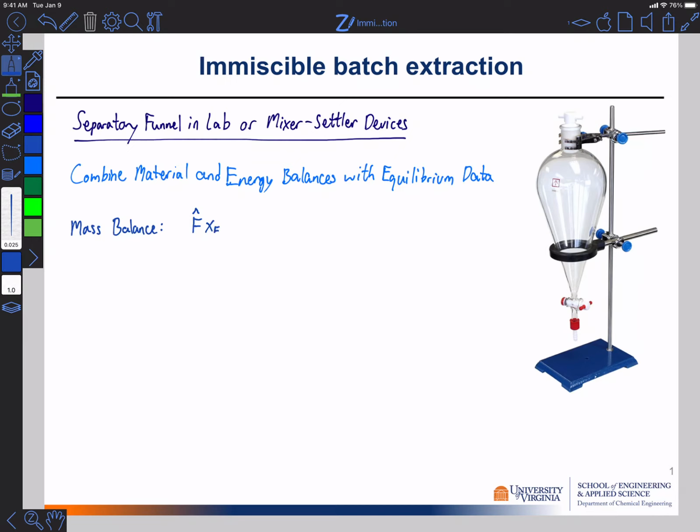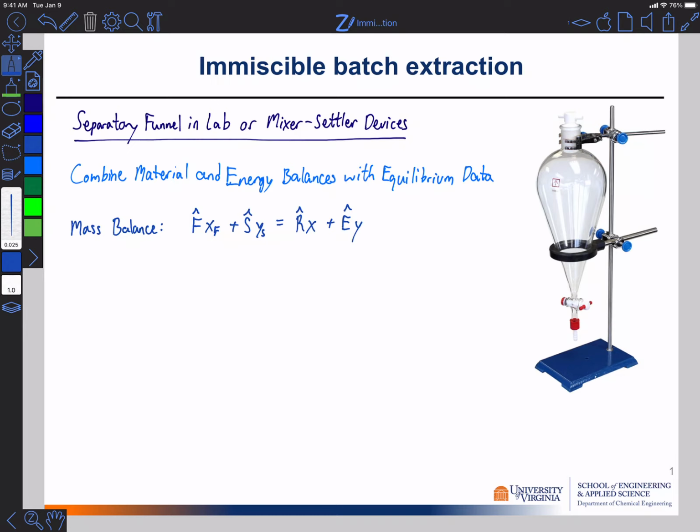It's got some concentration. We'll call that X sub F. We're going to also add into the funnel some amount of solvent. Perhaps that will have some solute in it, perhaps not, but we could take that into account. And then we're going to ultimately end up with a raffinate phase that has some concentration X and an extract phase that has some concentration Y.